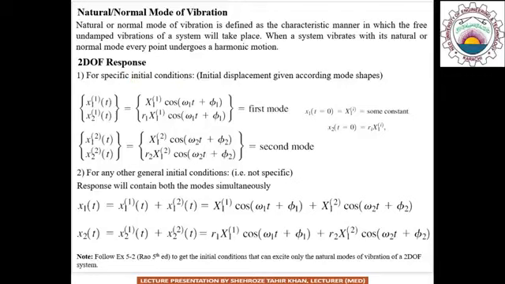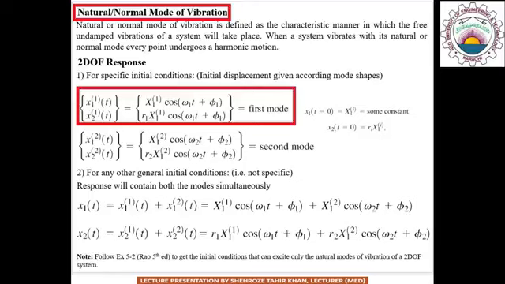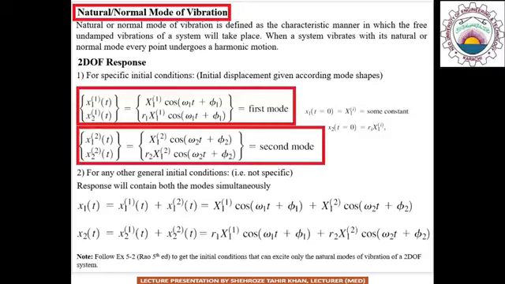The amplitudes of the 2 degrees of freedom system are connected in a particular way during free vibration at one of those natural frequencies, and the configuration is called the natural mode of vibration. Thus, there are two standard modes of vibration corresponding to the two natural frequencies of a 2 degree of freedom system.